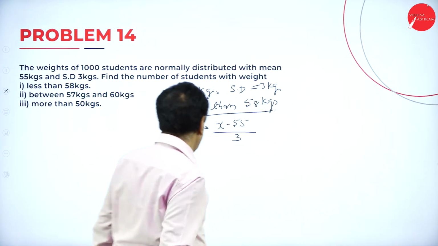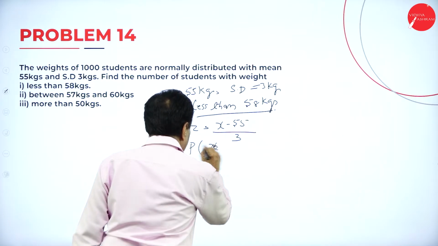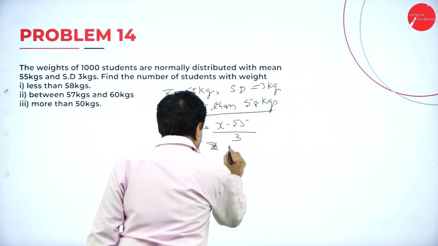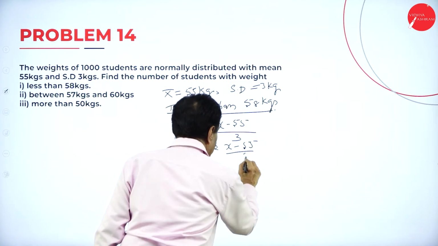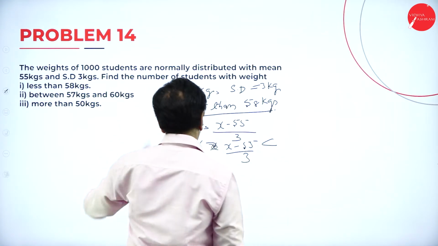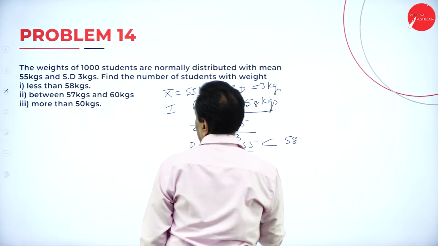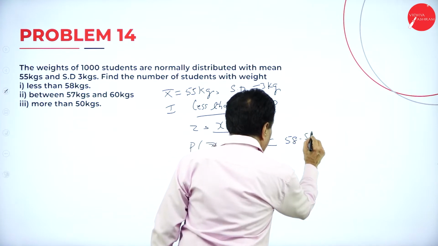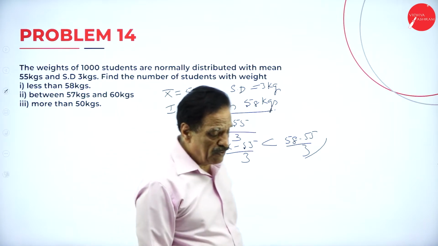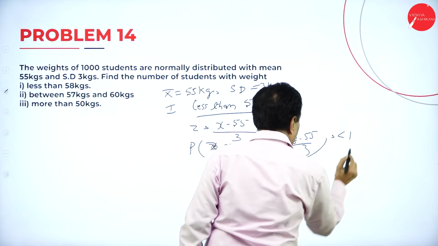Therefore, probability is equal to P of x minus 55 divided by 3 less than, what is the x value? 58 minus 55 divided by 3, that is 1.